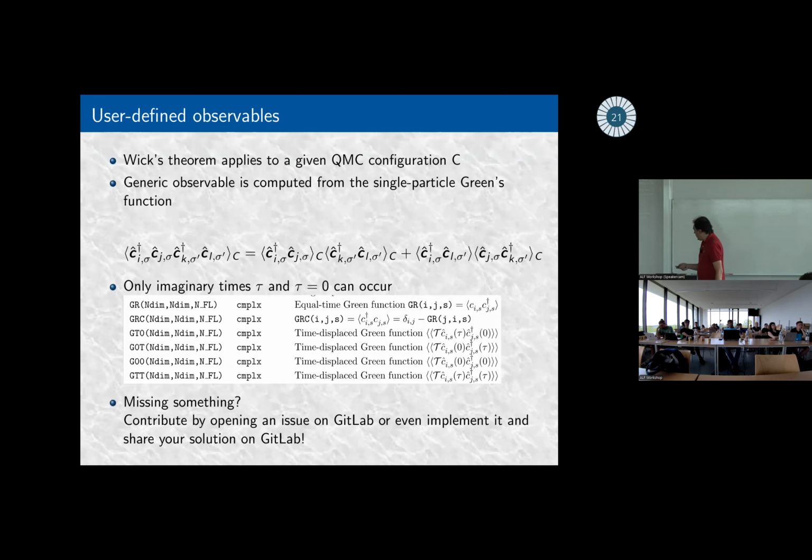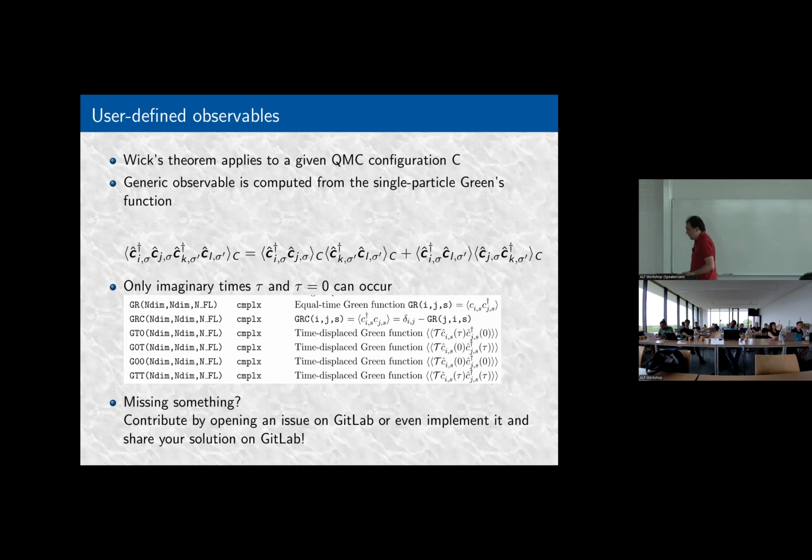And of course, you have to implement the actual observable by defining some routines. How do you do that? Well, the general procedure is that you write the observable you want to compute in terms of the fermionic creation and annihilation operators. And then you exploit the fact that after the Hubbard-Stratonovich decomposition, the way the auxiliary field is formulated, the system is a free fermionic system.